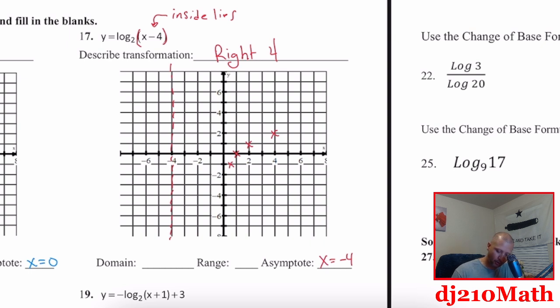And all the points will move. Wow, bro. I said left and I moved it right. So plus 4, because this is moving to the right. Inside lies. Wow. So x equals 4, because it moved to the right. And all the points will move as well. 1, 2, 3, 4.